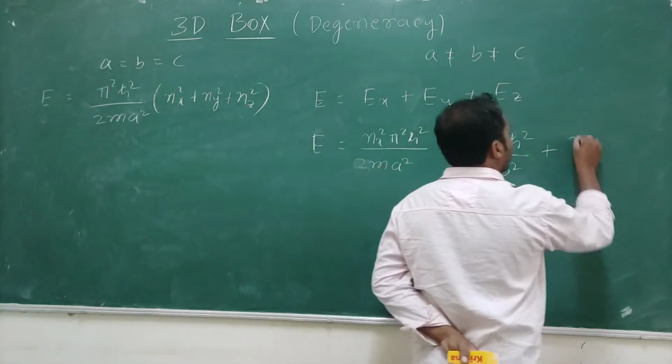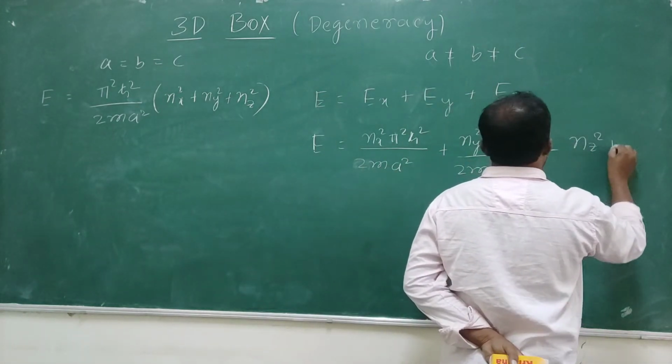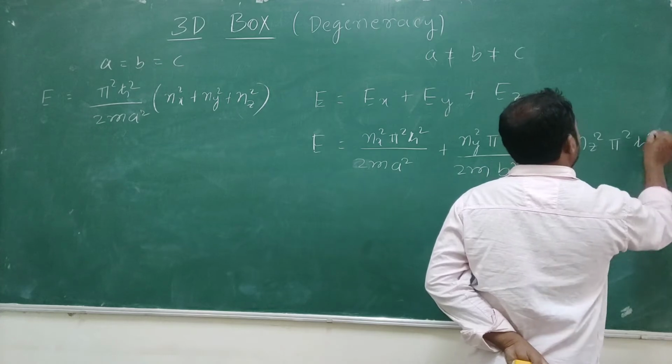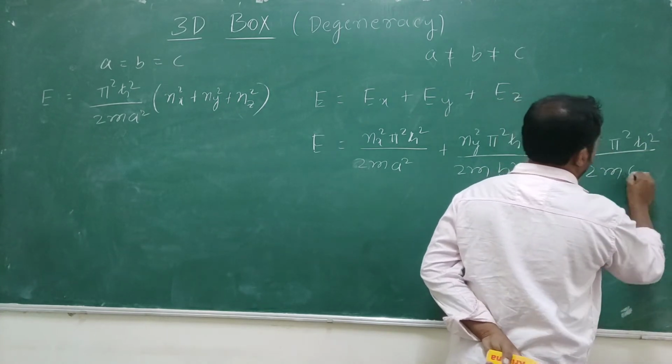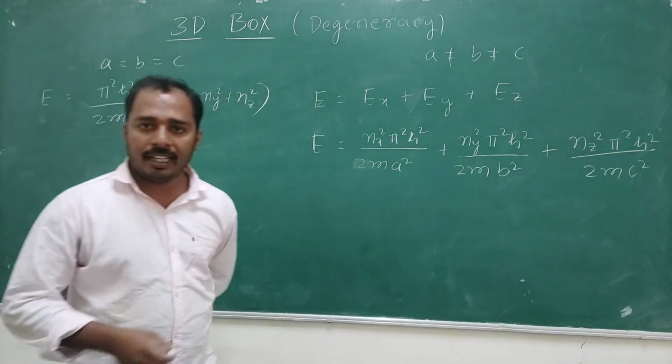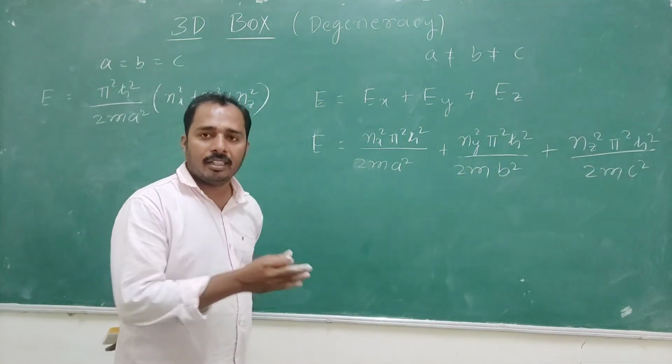Plus nz² π² ħ² divided by 2m c². So along the z direction, we have the side c.